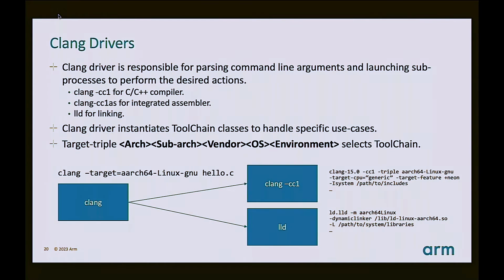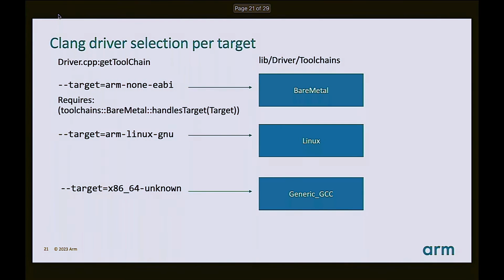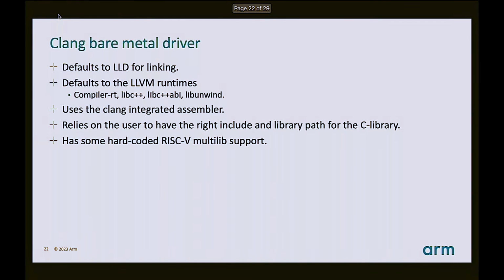So there'll be, for example, a Linux toolchain class. Then that might get specialized for Android. And for us, we use the bare metal driver for this particular bit. So this is just showing you the mapping that you might get. So ARM Linux GNU might go to Linux, x86-64 unknown might fall back to generic GCC driver, that type of thing. So almost all of the logic here is going to go into the bare metal driver.